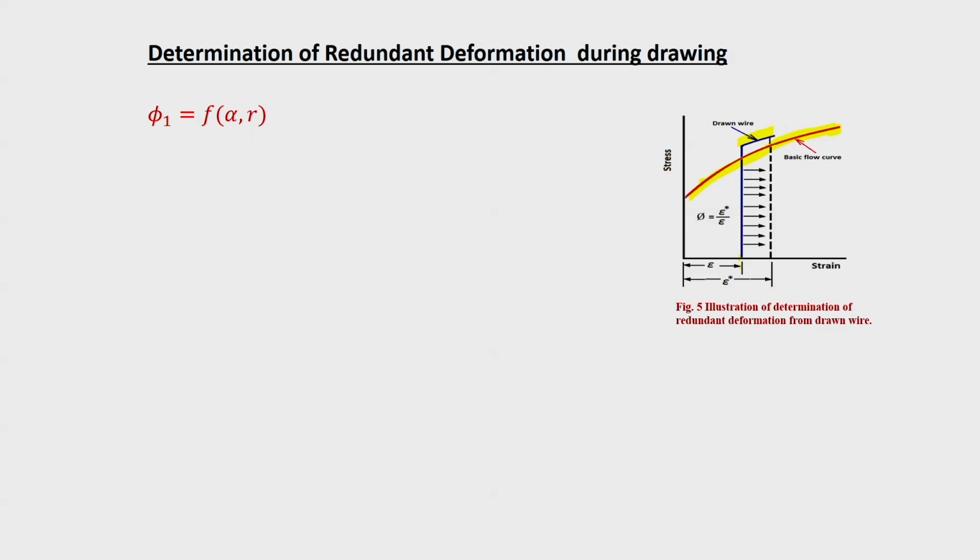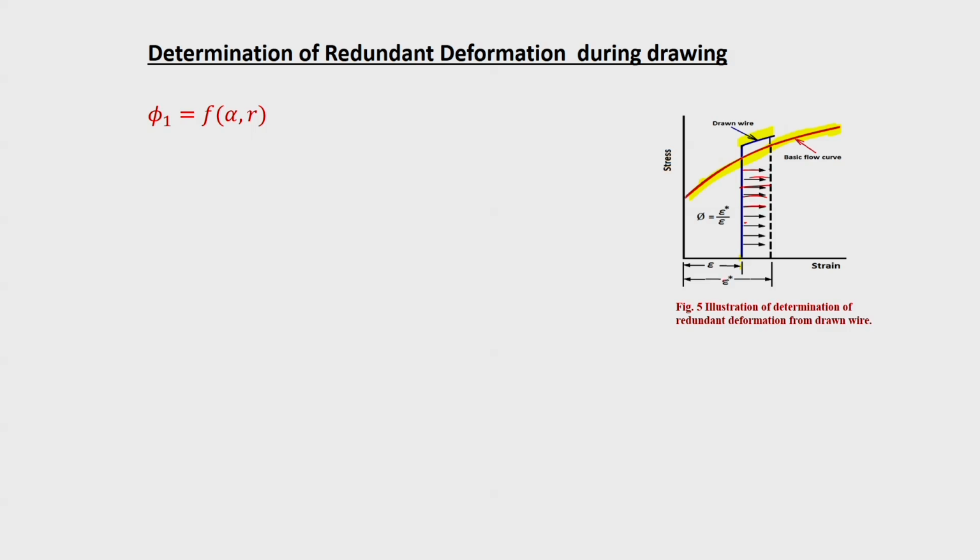But if you are shifting this curve towards the right, displacing it so that it now matches with this, then you will find that this is the total work done due to redundant deformation.